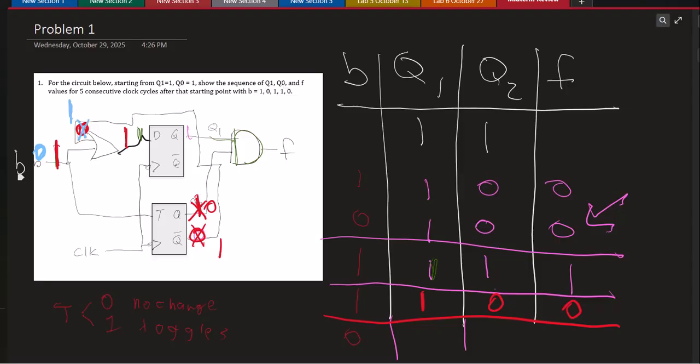So 1 or 0 becomes 1. So Q1 is still 1. Q2 toggles, or is it 0? No, Q2 stays the same, so it's 0. And 1 and 0 is 0.